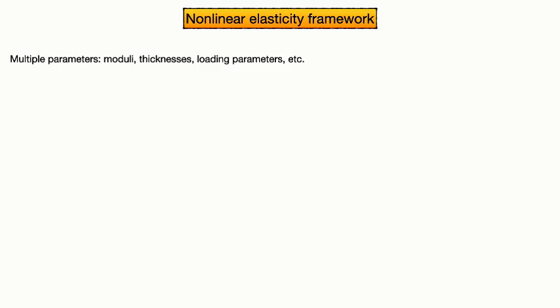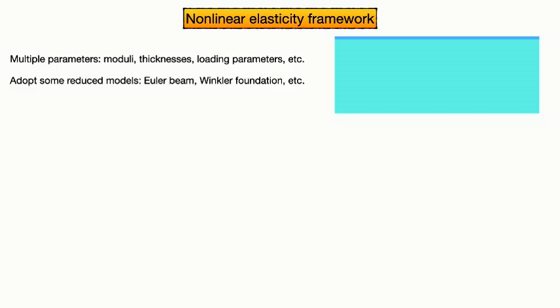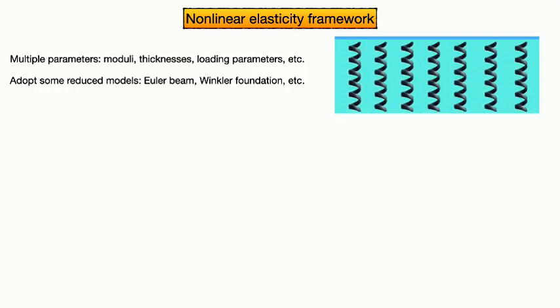In these systems, we know that there are many different parameters. We have different moduli, different thicknesses, and also different loading parameters. For this structure, because the film is very thin, sometimes people just regard it as a beam. You can use some beam equations to model the film. And also you can replace the substrate by a Winkler foundation, an array of springs.